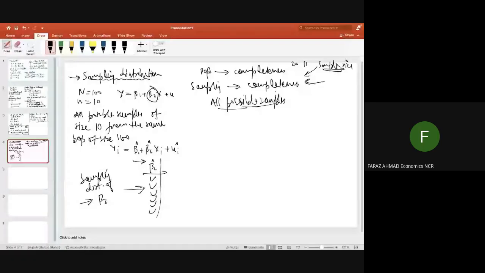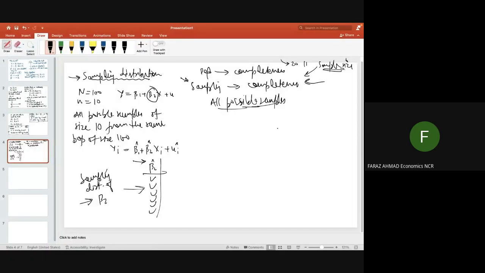Of course, that would also be the sampling distribution of beta 2, and you would be recording beta 2 hat again, but with respect to all possible samples of size 20. So that's one more parameter, but we can definitely say that there is a sort of completeness when we talk about the sampling distribution of a parameter, right? So that is what a sampling distribution is.